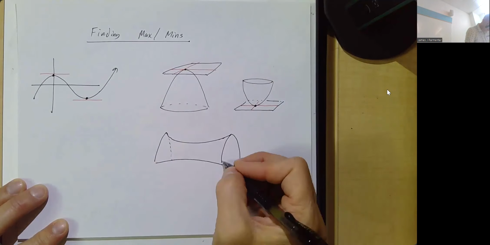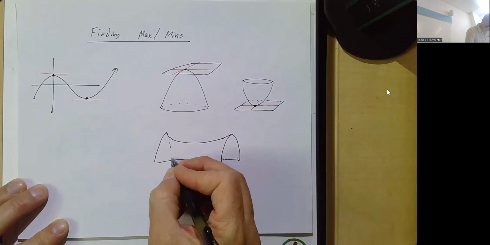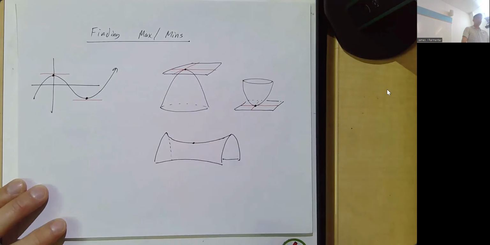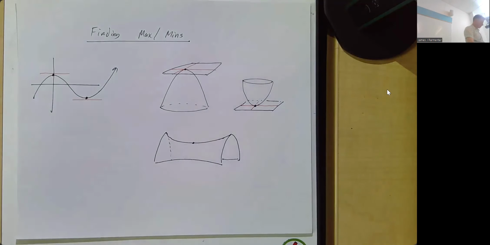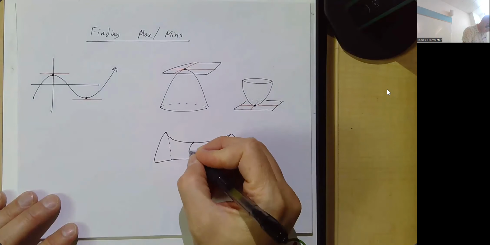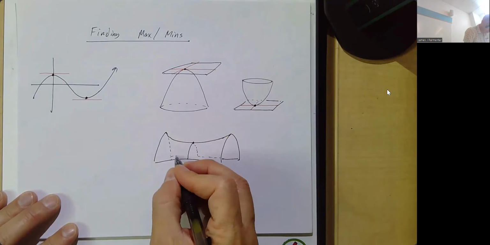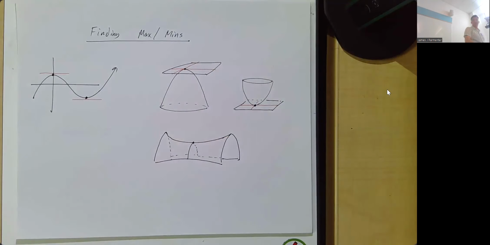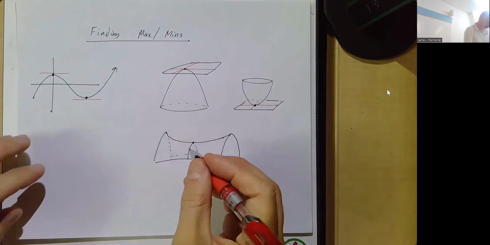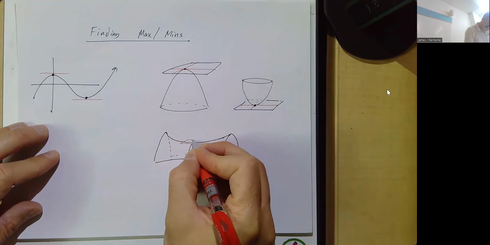This point right here is a minimum in one direction and a maximum in another direction. It's literally called a saddle because it's shaped like a saddle, right? Like if you've ever seen a horse's saddle, or if you've ever been hiking and you get to a place where you go over the hill, or you can turn right or left and go up to another peak. That's also called a saddle. And that definitely has a flat tangent plane.